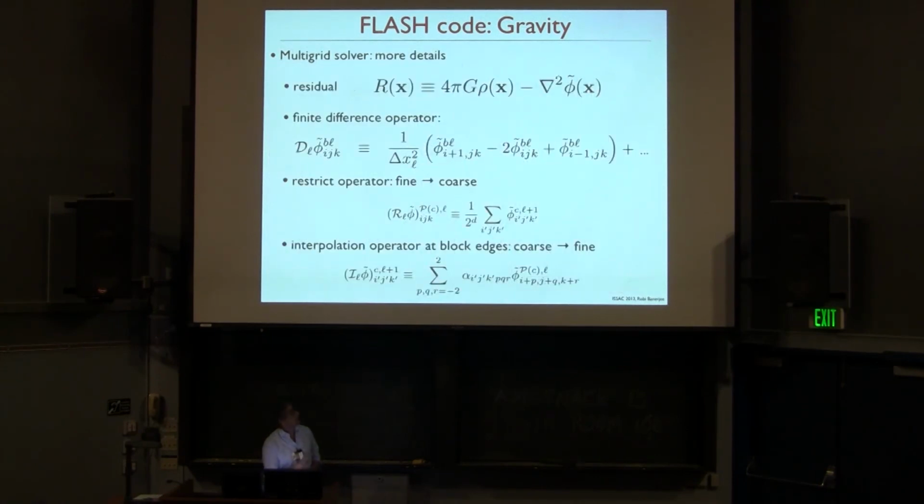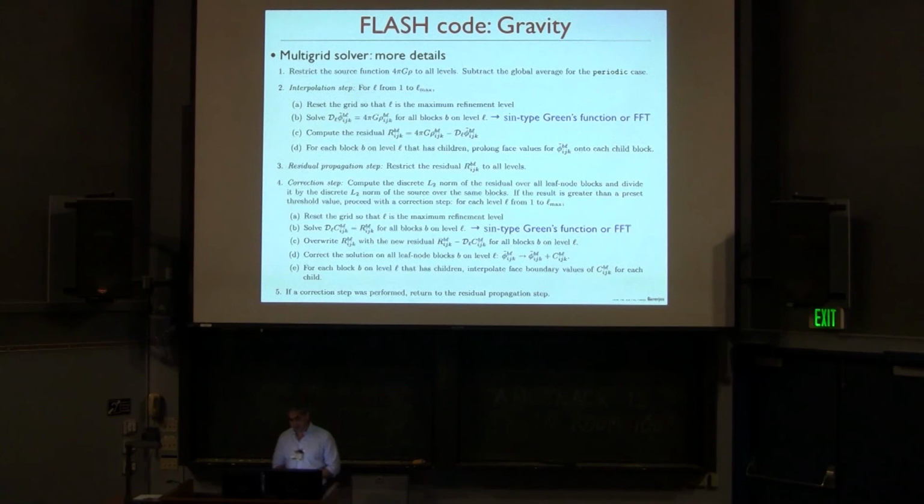So this one here is used to calculate the residual, and then you essentially prolong, so you interpolate the solution to the child blocks, and take this interpolation then for the next step also as a first try for the solution.